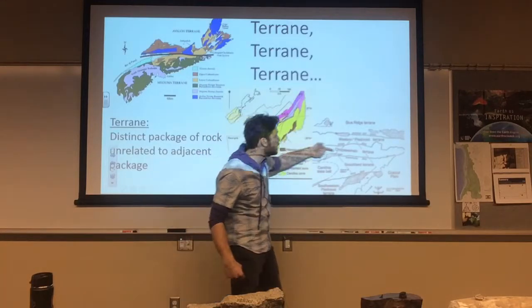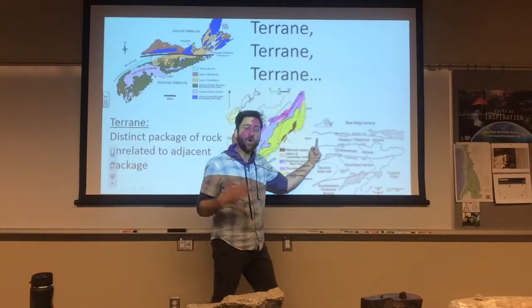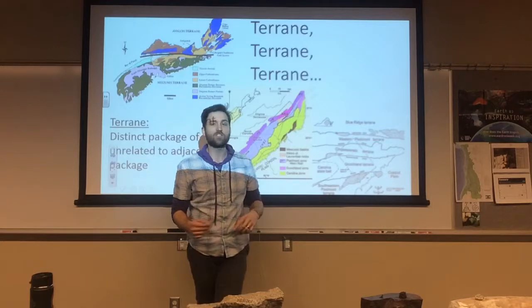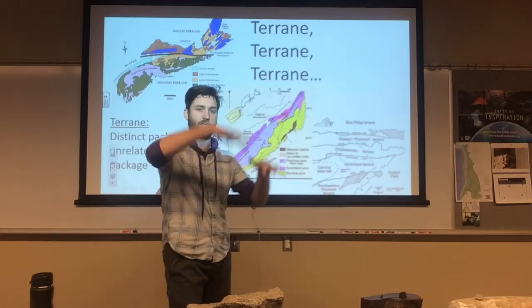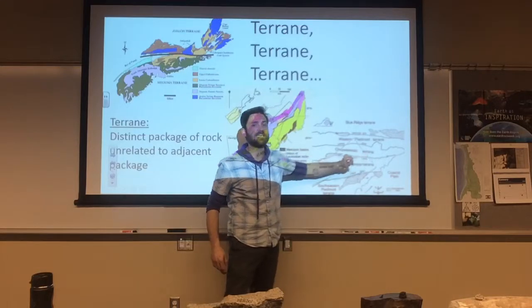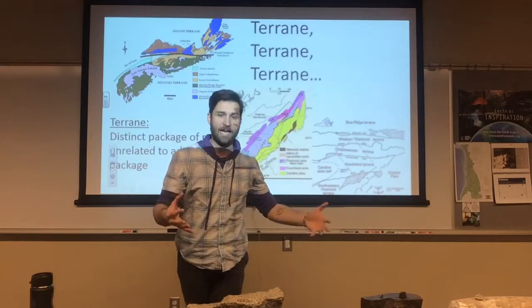You can walk along this belt and everything's the same, but if you walk across it, you go into a different geologic province. And these things became known as terranes, not terrain like hilly terrain, but terrane spelled T-E-R-R-A-N-E, a geologic terrane.